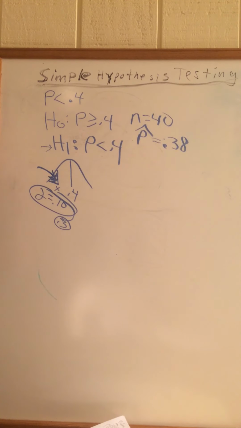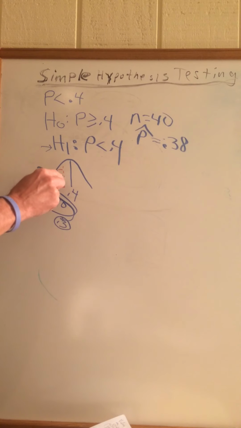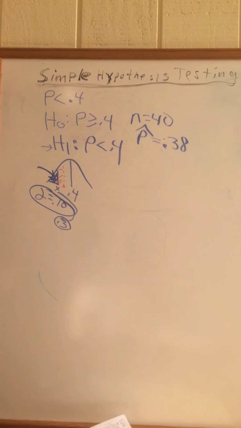Also, you can find out, different color, that that's about 0.38 right there. This area over here is what we call the p-value. I'll leave that to you to find out that area, that p-value, again, that's 0.38.